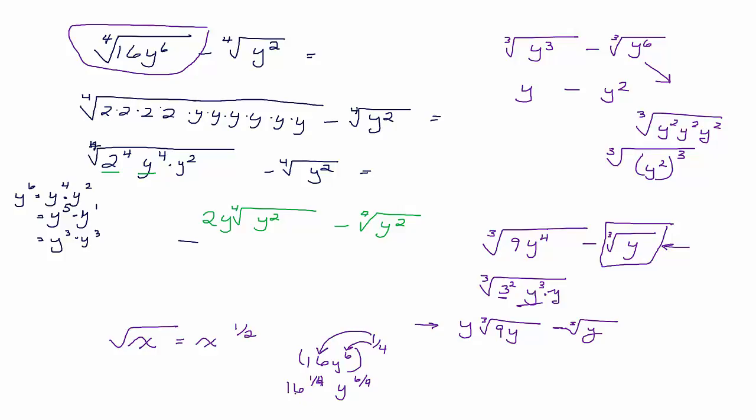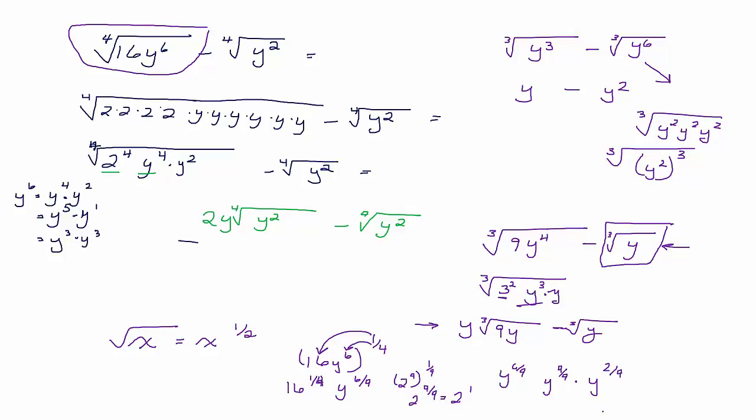And then this can be manipulated further down because we know that 16 is 2 to the 4th to the 1/4, which actually just becomes 2 to the 4 over 4, or 2 to the 1st. And then y to the 6/4, we reduce that down, becomes y to the 4 over 4, or 1, times y to the 2 over 4, which is left over.